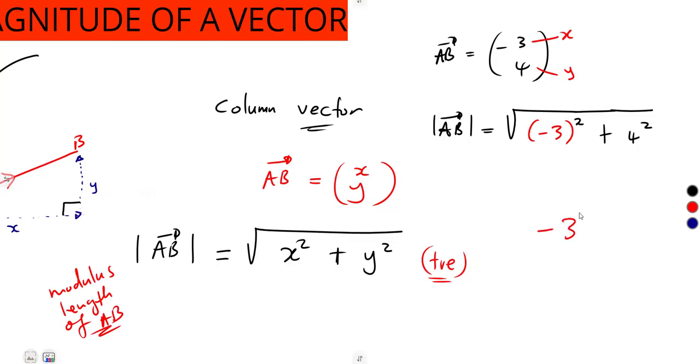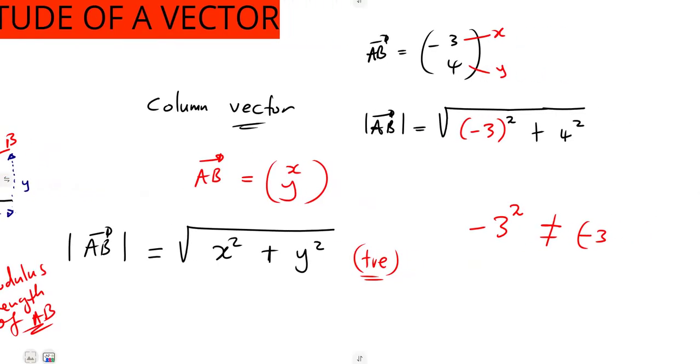Guys, -3 squared is not equal to (-3) squared in a bracket. -3 squared, this one that I wrote, is -9, whereas the -3 in a bracket being squared, the negative is also affected, giving us +9. So indicate properly, be a mathematician in your presentation, not just to write, all right?